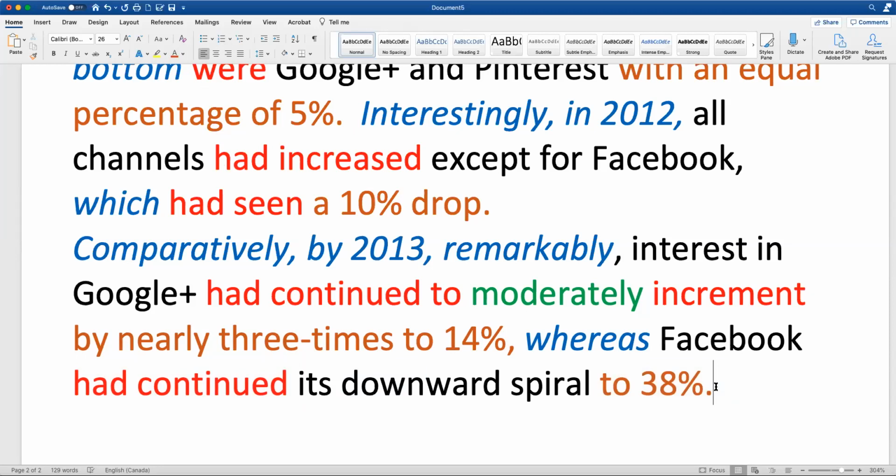A spiral is like turning. It kind of means had continued to significantly fall. Okay? Any questions about that one? Let's put that in green. It's kind of a comparative.